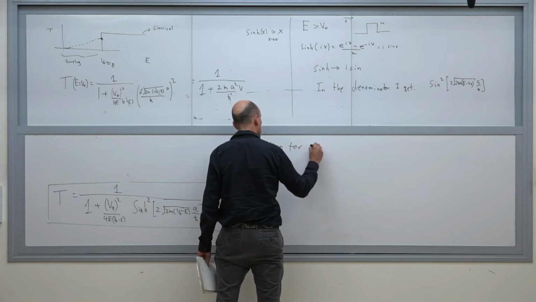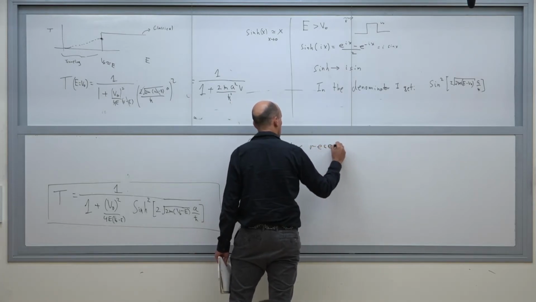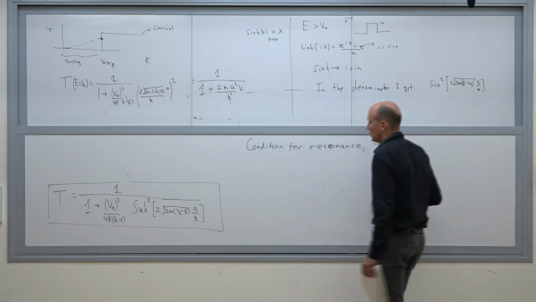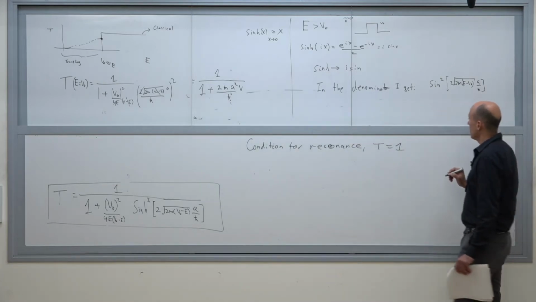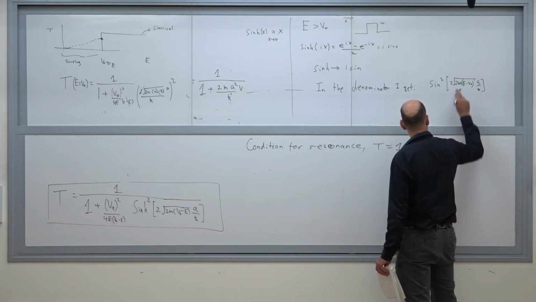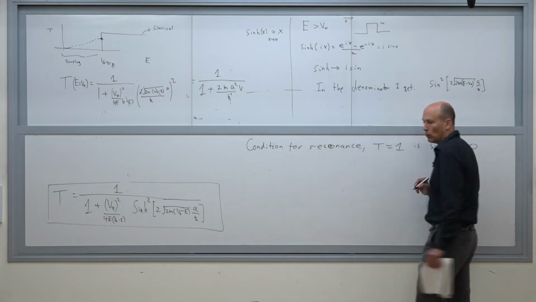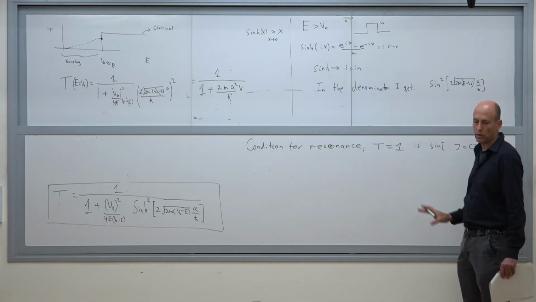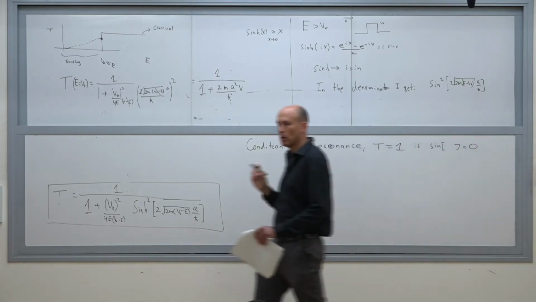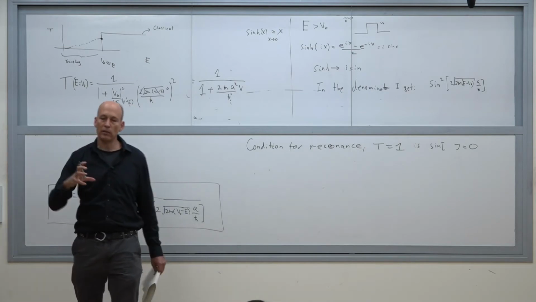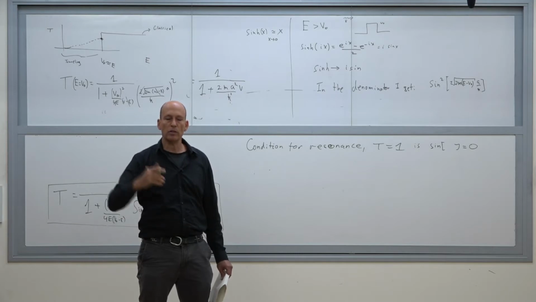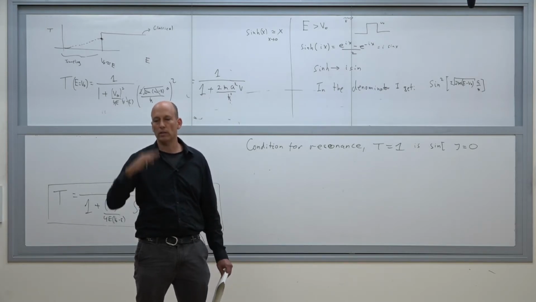What do I mean by resonance? It's simple. T equal 1 is when the sine, which we had here, is equal 0. When this is equal 0, T is equal 1. So these are special energies. What does it mean? There are special energies with which I let the particles come inside the system, and at these special energies, the transmission will be unity, and at anything else, it will be below unity.